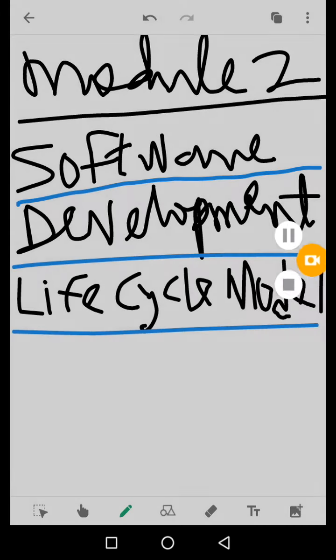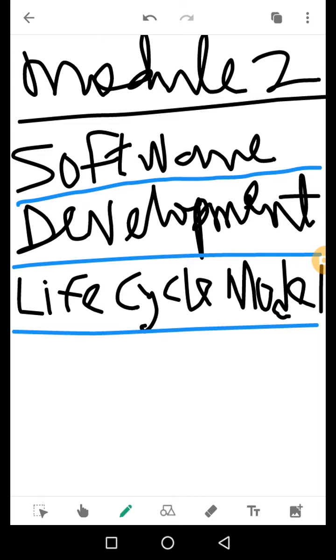Okay. So let's have a look at Unit 2. Software development life cycle models. When we say model, that is a particular method that a developer can use to develop a software project.